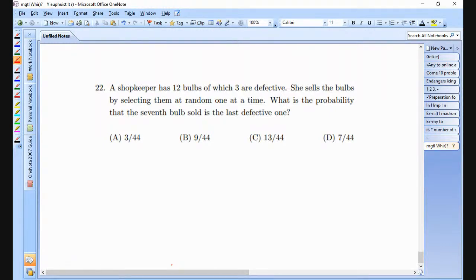Okay, Bhushan is saying it's negative binomial. So, any changes in the argument? 12 bulbs, of which 3 are defective. She sells the bulbs by selecting them at random.